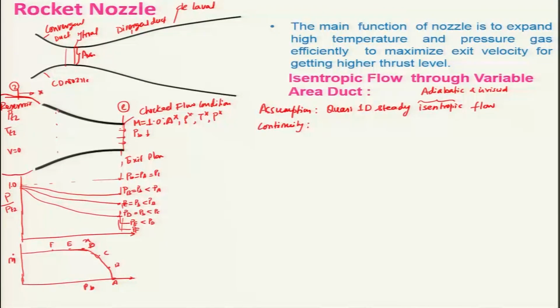If I say this is a particular location, let us say this is your rho, P, T, A, this is the area, and let us consider that rho A V is constant.